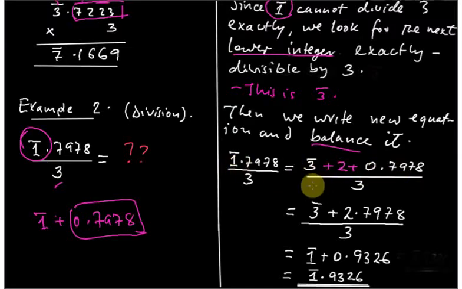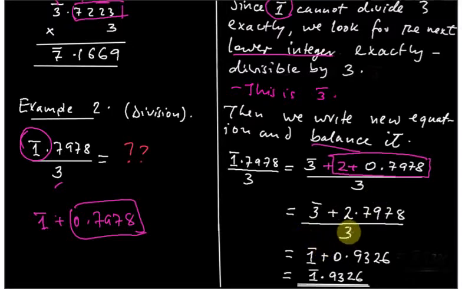But now our aim of putting 3 there is to make sure that it divides 3 exactly. So I will add the positives together. These positives to this point are added together. So I have bar 3 plus 2.7978, and now I can divide.